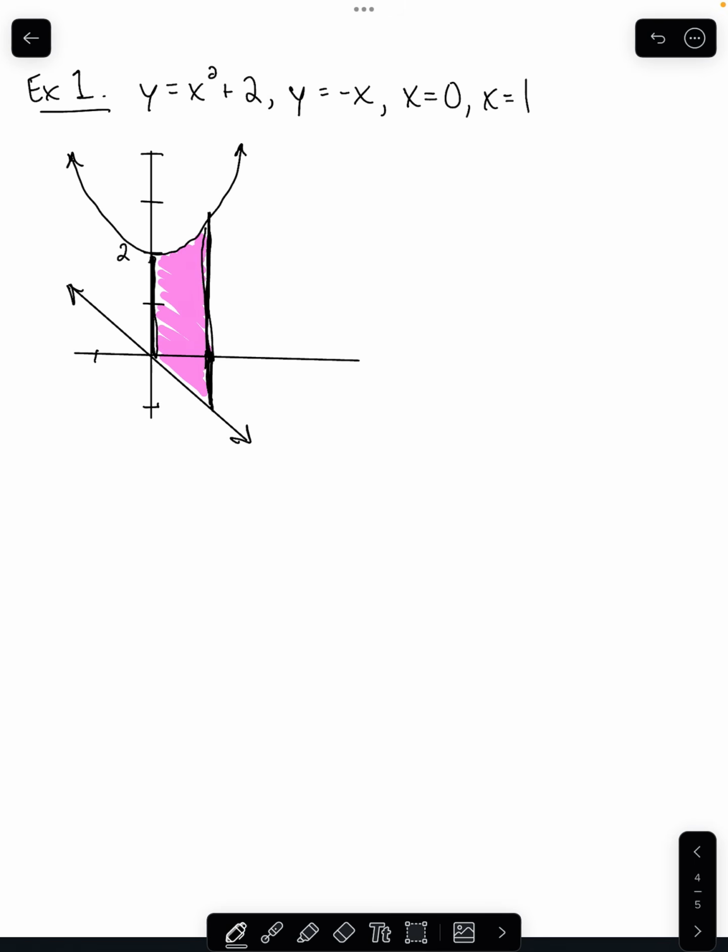In this region, if we were to partition it in the form of a Riemann sum, the rectangles here would all have the top of the rectangle always bound by the graph of y equals x squared plus 2, where the bottom of the rectangle would always be bound by the line y equals negative x.